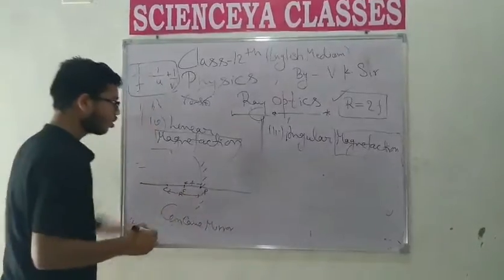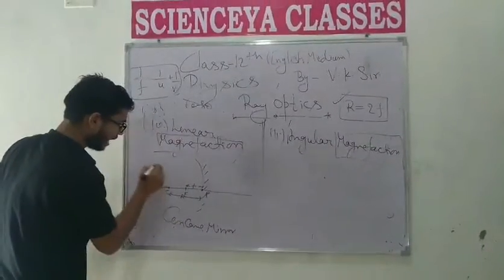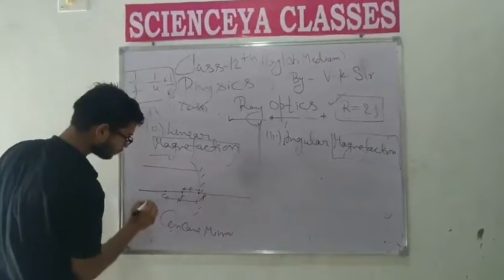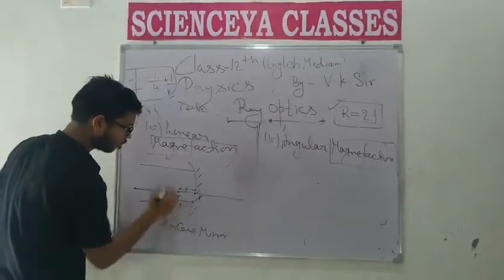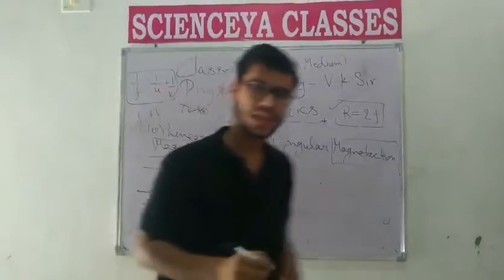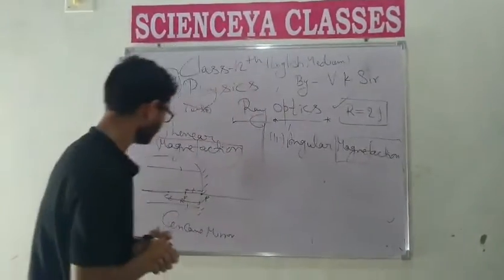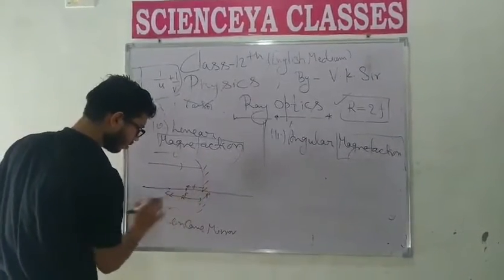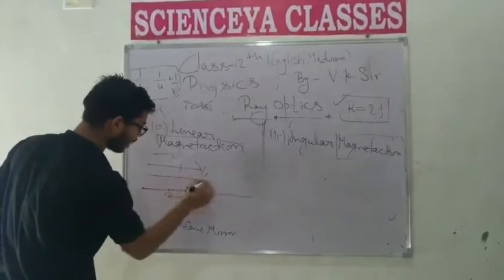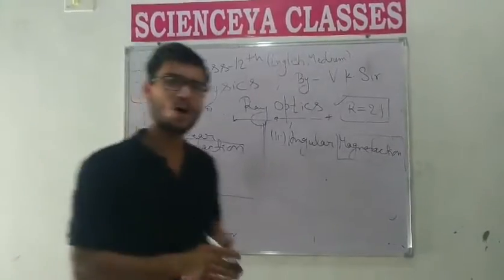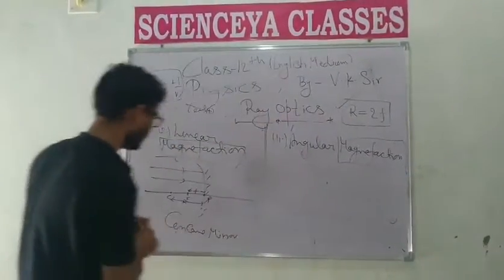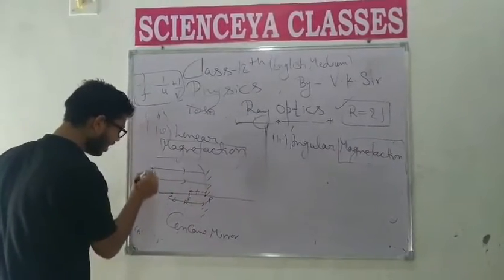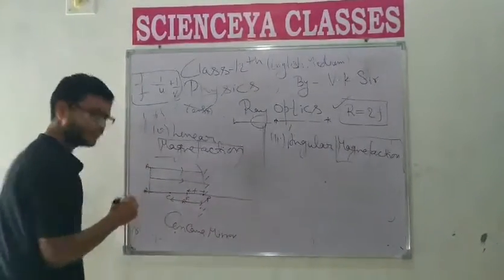Suppose any two rays are incident on the surface of the concave mirror, coming from the upper side of the principal axis, and after reflecting they meet each other. Suppose this is AB, an object.